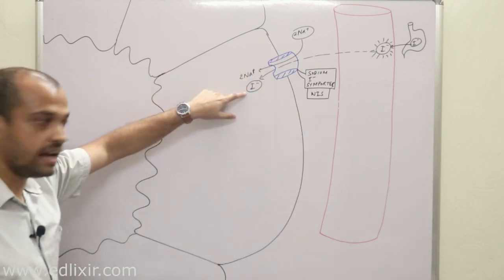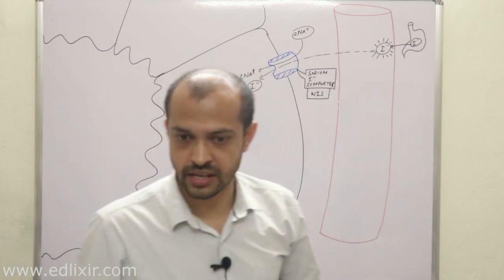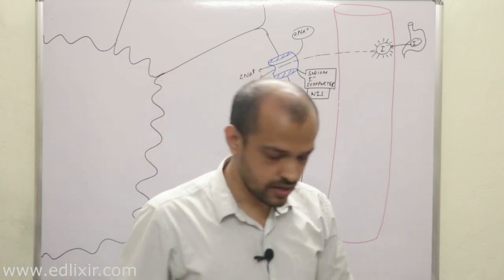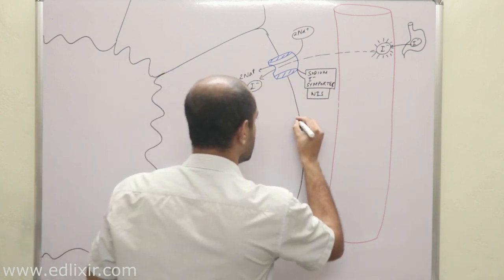Now listen, entry of sodium is not good for the cell when the cell is in its resting state, right? The problem you need to understand is that this sodium should be thrown out.